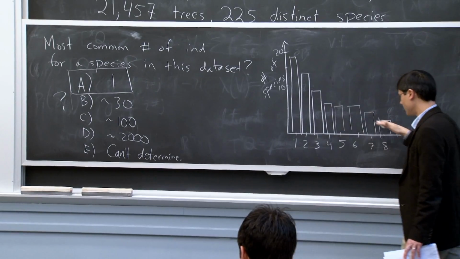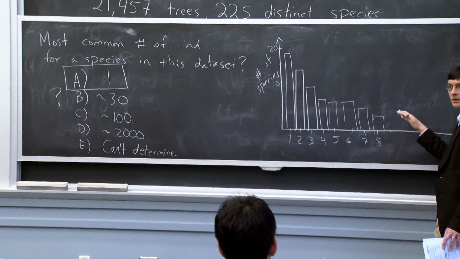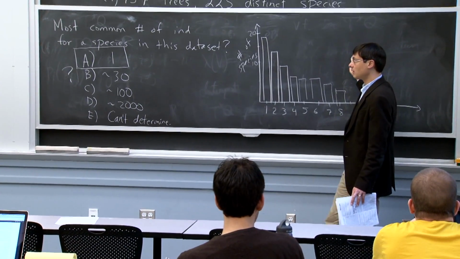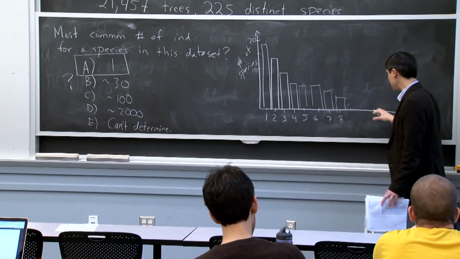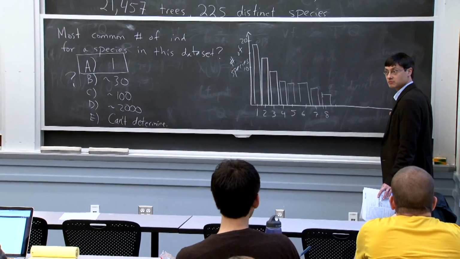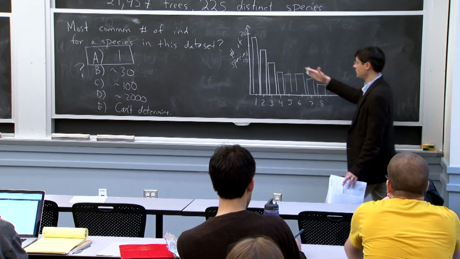Now, if you look at this and the rapid fall off, right? How do you think that you're going to find any species that have more than 20 individuals? Right? Okay, we're going to vote. Okay, so you see this falling off?